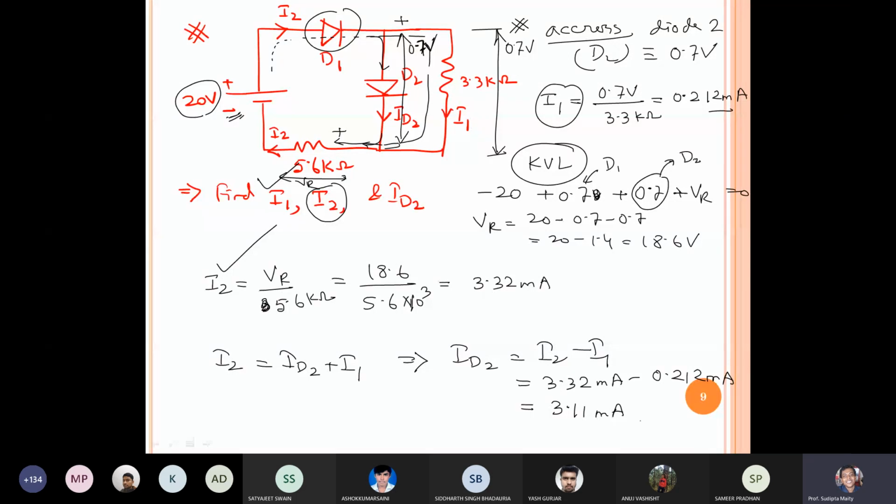Finally, you have to find I1, I2, ID2, so your answer should match. It doesn't matter which procedure you are using. Is it clear to all? Yes, sir.